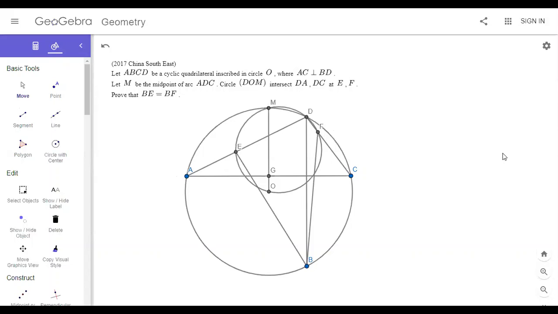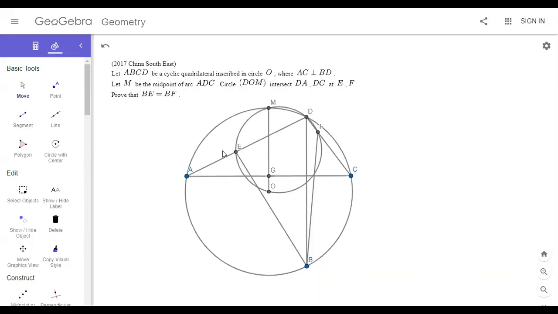And then, if we know that, is it clear that MEBF is a kite? So we want to show MB bisects angle EMF. I think that's probably true just by an angle chase.